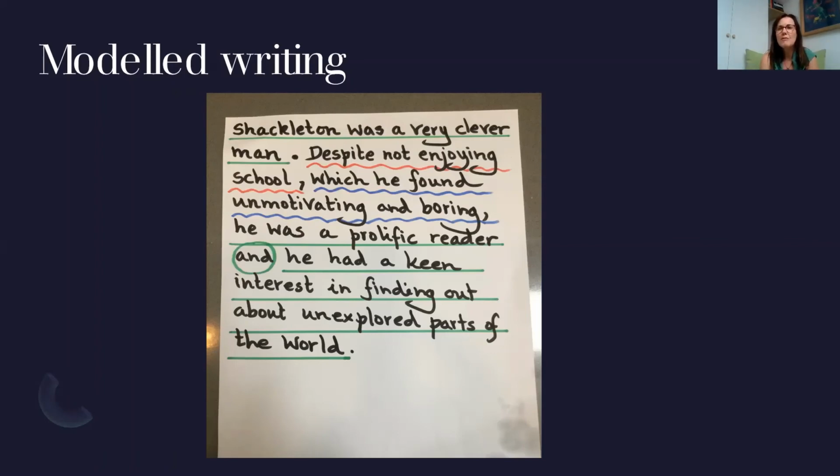I wanted to write my multi-clause sentence about Shackleton being clever. So I wrote a simple single clause sentence first. Shackleton was a very clever man. So that's what my multi-clause sentence is going to be about, carrying on in the paragraph from him being clever. You could have a go at that. Just write one idea first and then go into your multi-clause sentence.